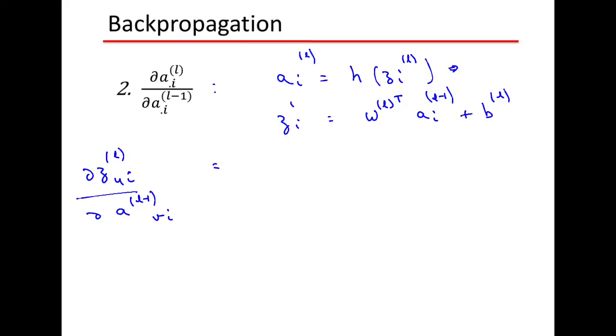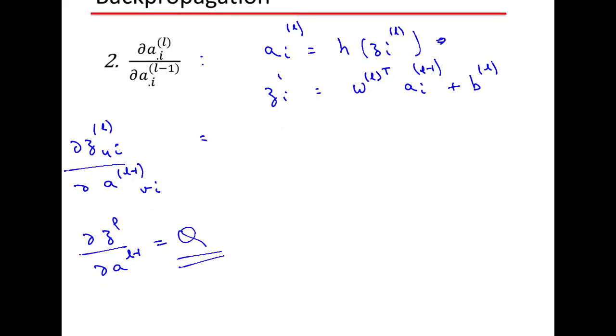Let's say this is a matrix. M is a bad name, so let's call it Q. So I am finding the derivative of Z_L with respect to A_(L-1), and let's say this is a matrix Q. So which component of Q would this be?